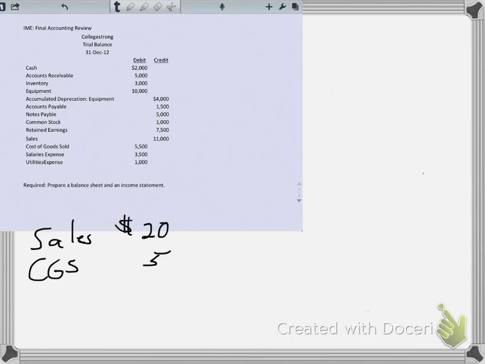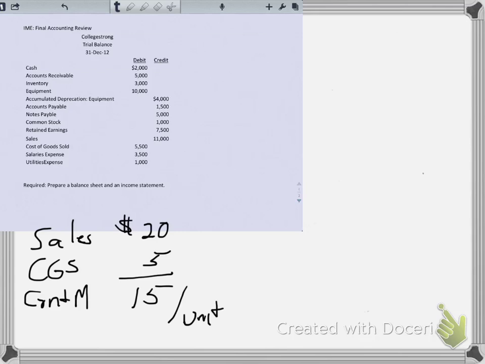Well, if you're asking yourself where are the fixed costs, that's because you've got to take the information you've learned in this course and determine which costs are fixed costs anyway. You need to stop and think about what you do know. Cost of goods sold is going to be your variable cost, so sales minus cost of goods sold is going to equal your contribution margin. And again, remember that's per unit.